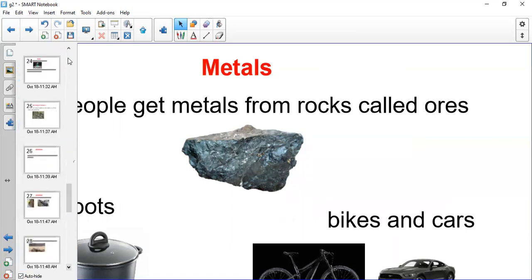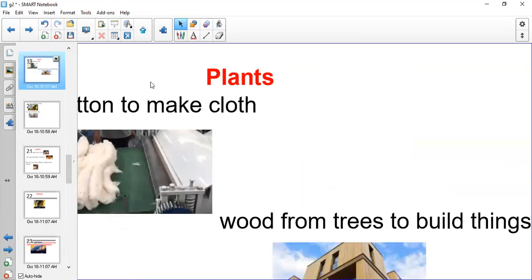Plants are examples of natural resources. We are using cotton to make cloth, and we are using wood from trees to make tables, to make chairs, to make homes. We are eating plants. We are using plants for food.